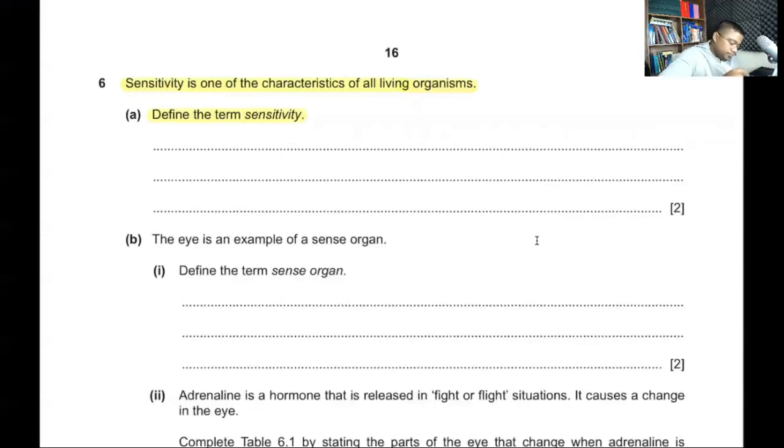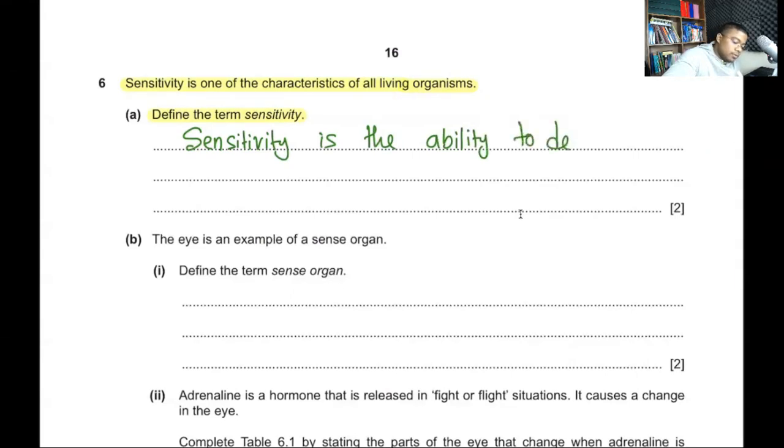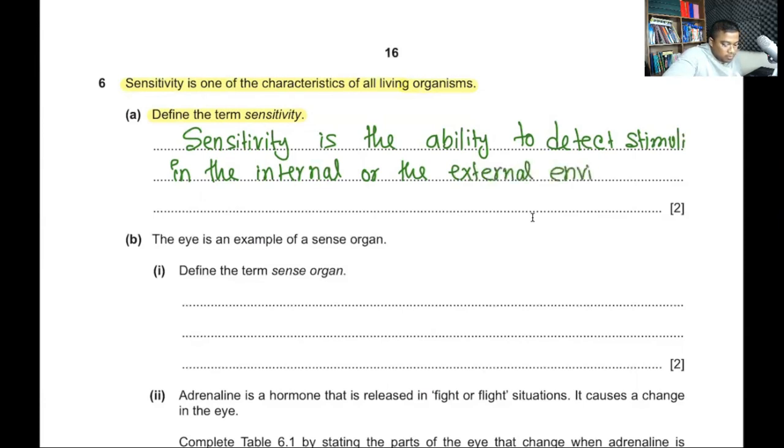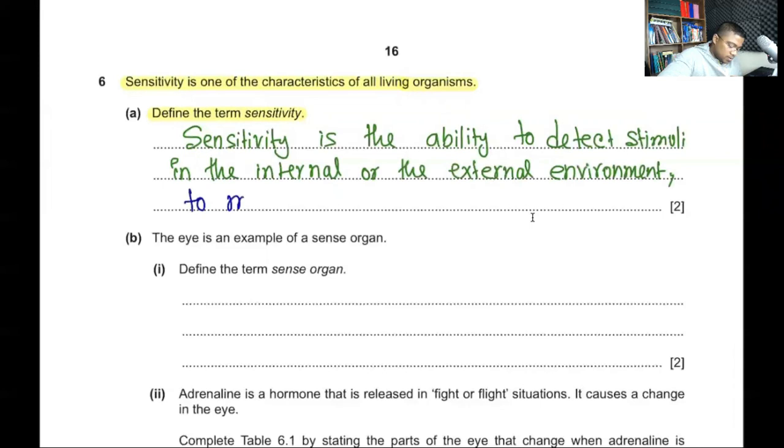Sensitivity is the ability to detect stimuli in the internal or the external environment, to make appropriate responses.